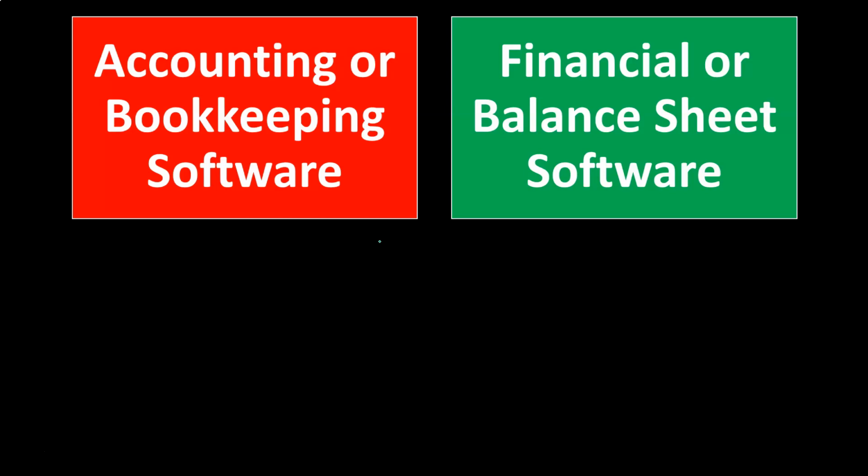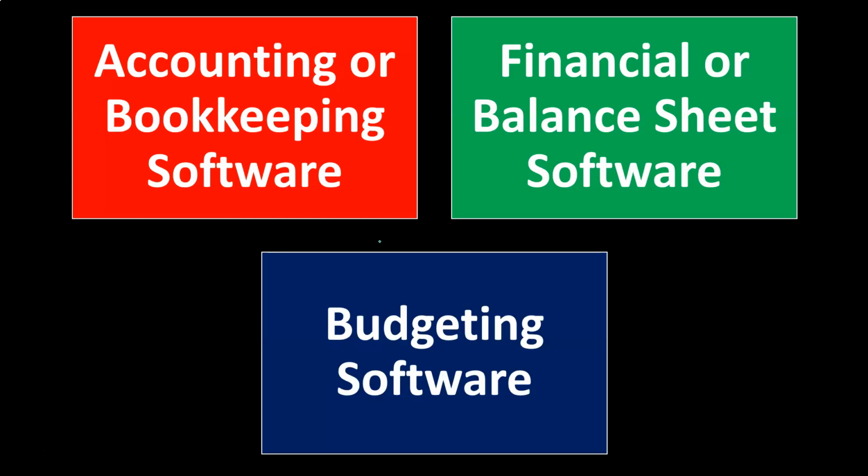Then you have other software, which I'm going to call the budgeting software, which may be something that you can use to complement these items up top, or maybe the budgeting software will be in these packages up top. In other words, once you think about software to compile your financial statements, your past history into the balance sheet and income statement, you want to think, can that same tool be used to help me with the budgeting process in the future?